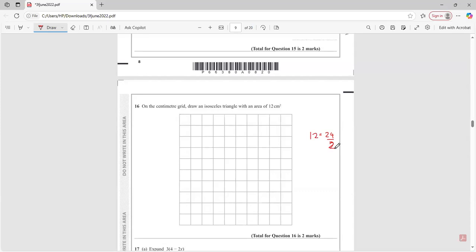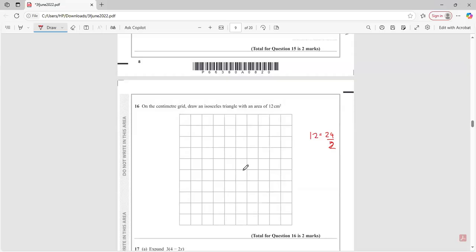Is it possible for us to find two numbers that when we multiply them give us 24? 8 times 3 is 24. 6 times 4 is 24. Sorry, they don't have to be the same. I just remember, they don't have to be the same. So 6 times 4 is 24, right?